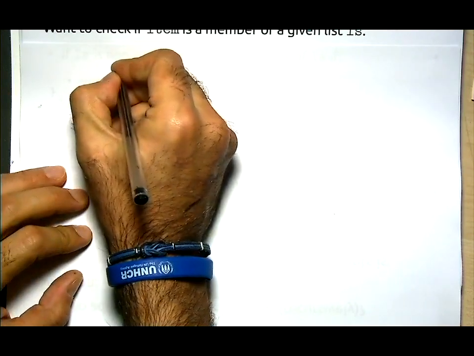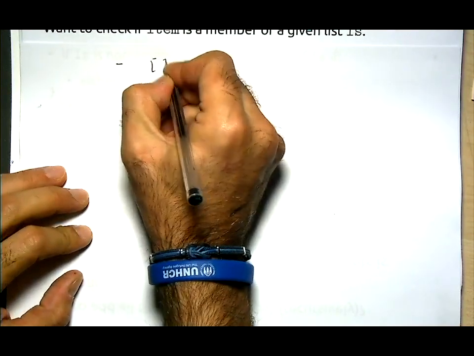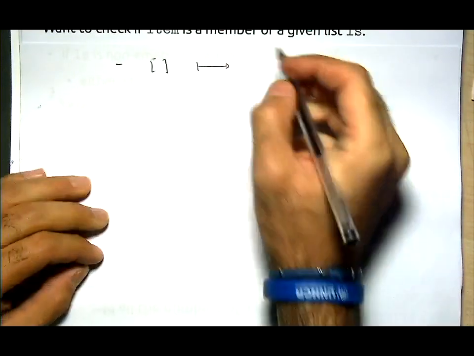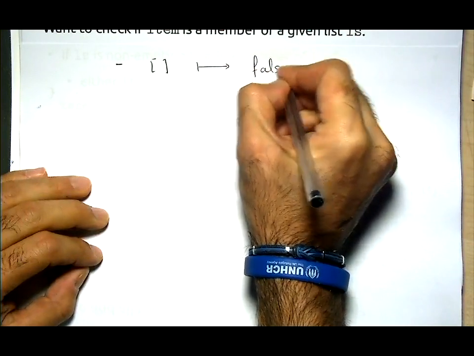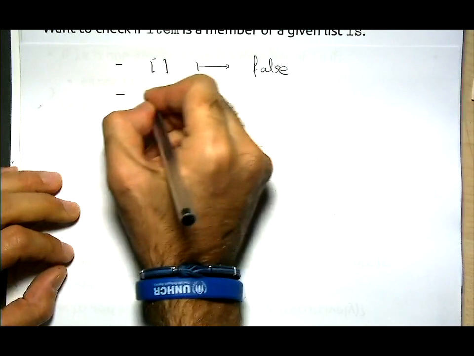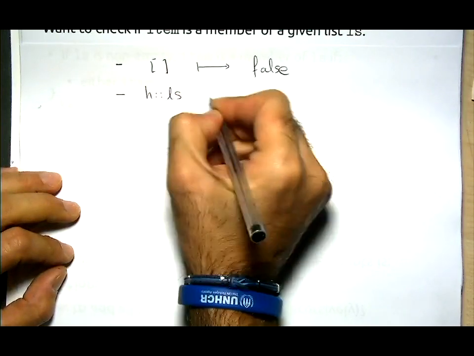Now, the second thing I want to check is whether a single specific item is a member of a list. And I can say again the same. If my list is empty, then is the item an element of it? Well, no. So I say, well, it's false. If my list is not empty, it has to be of this form.